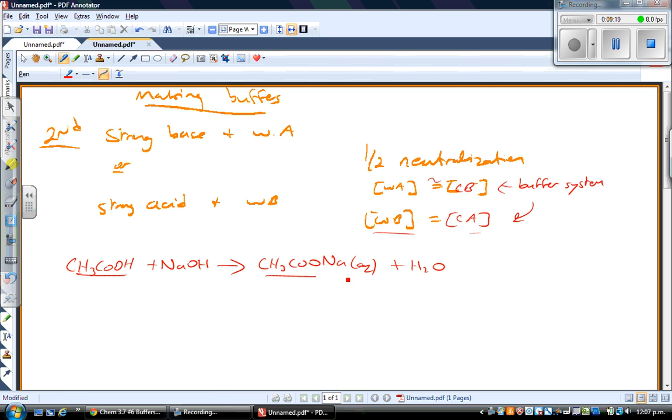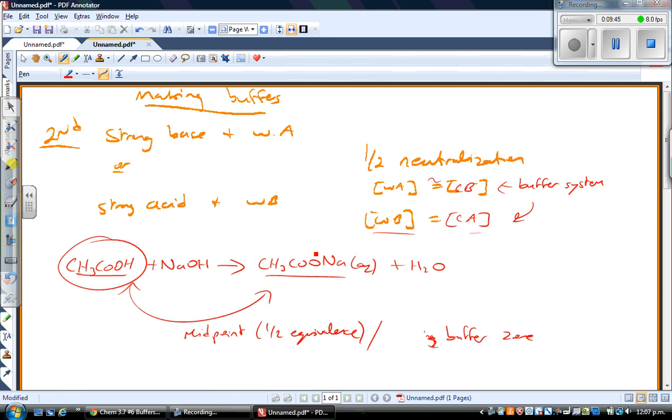And when you get equal concentration, so at midpoint, also known as the half equivalence, also known as the buffer zone of a titration curve. So that's a nice link into titration curves for next week. This system will also have buffering capabilities because you have equal amounts of the weak acid and its conjugate base.